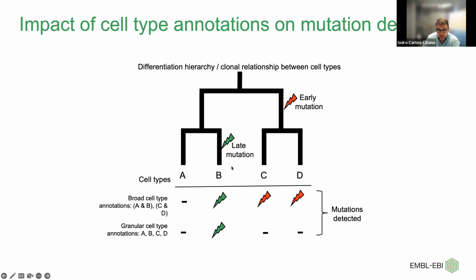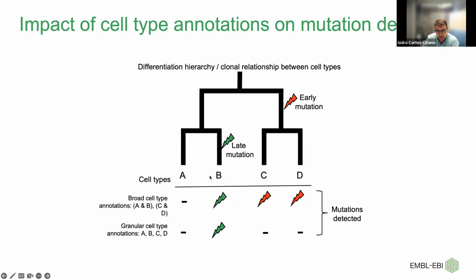The reason is that the mutation will only appear in this group and not in the other, so it will be detected. The same would happen to an early mutation, shown here in red, that happens in the progenitor cell common to cell types C and D. In this case, it will be in C and D, and when we compare these two with A and B, it will be detected.